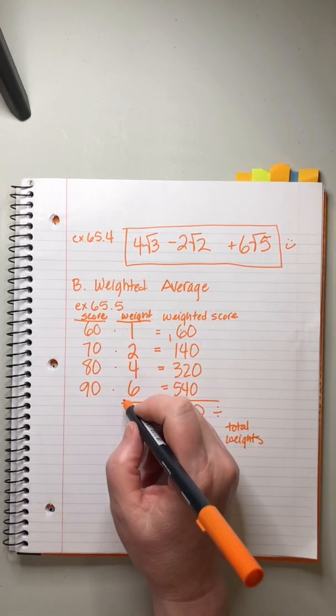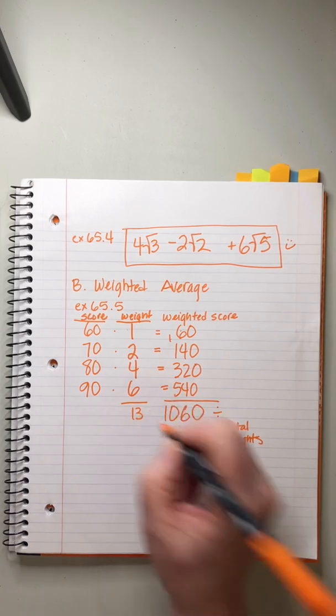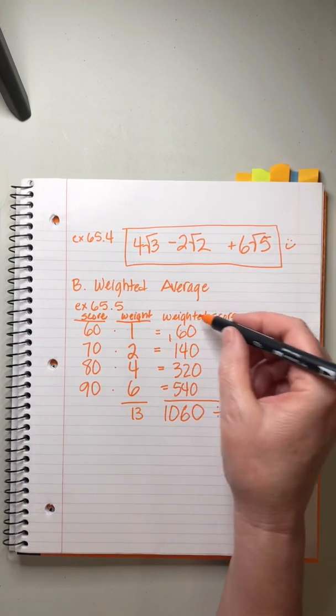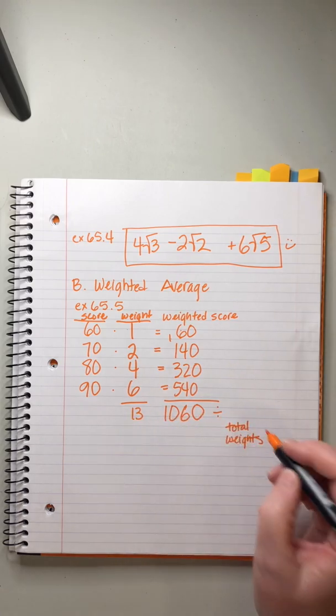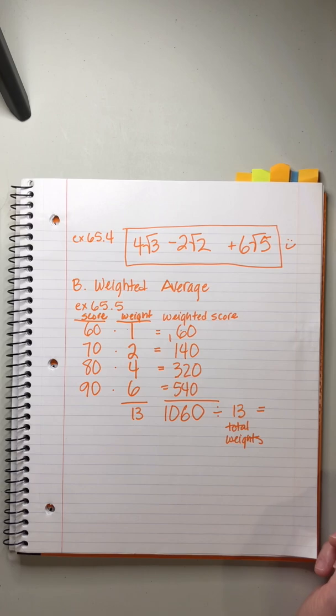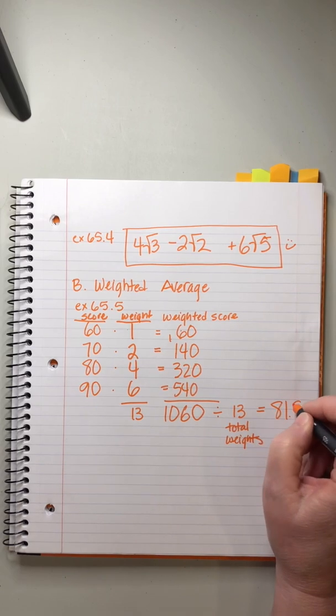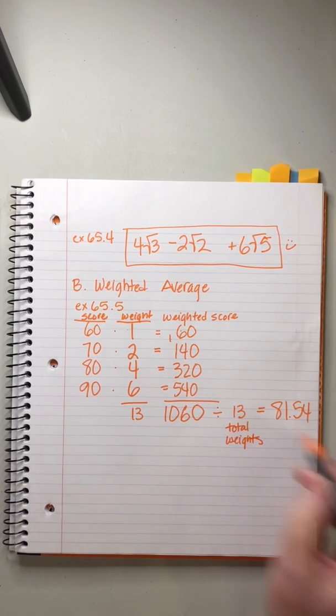Those add up to 13, right? So we take the total weighted score and divide it by the total weights, which is 13. And that gives us his weighted average score, which we're going to let John do the heavy lifting here, 81.54 if you divide that.